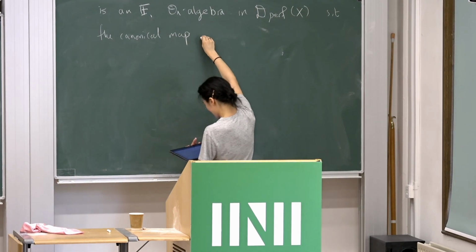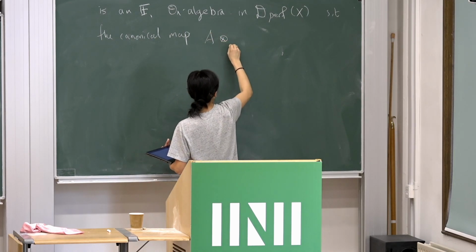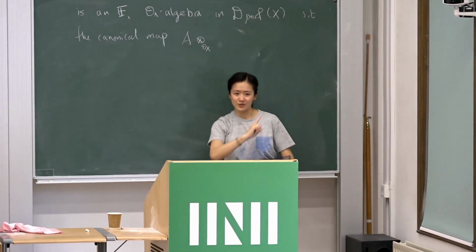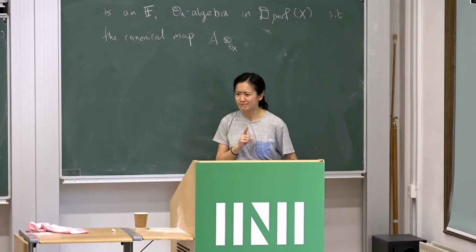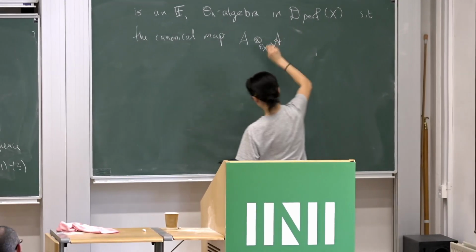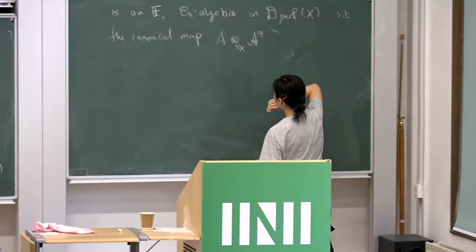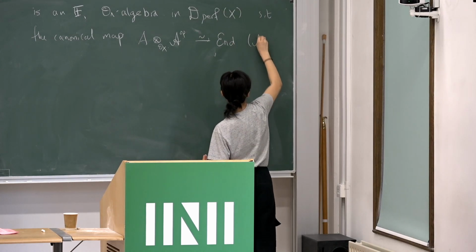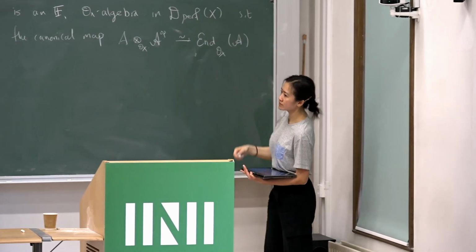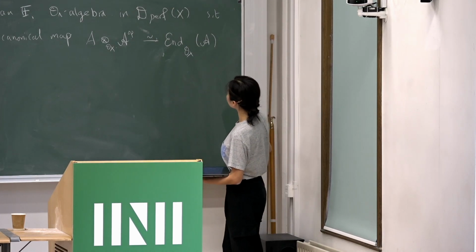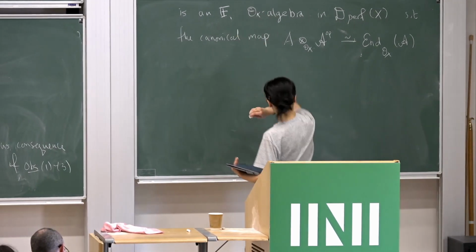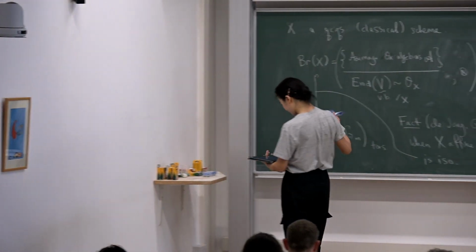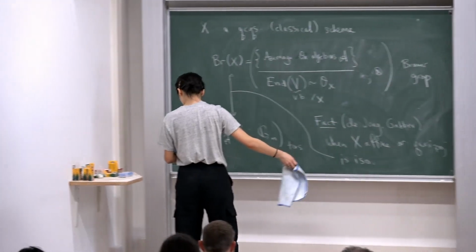Okay, the canonical map, A tensor A^op over X, is equivalent to derived endomorphisms of A over X. I'm going to write the derived tensor product once, and then everything is going to be derived. Is that confusing? It's derived. Great.